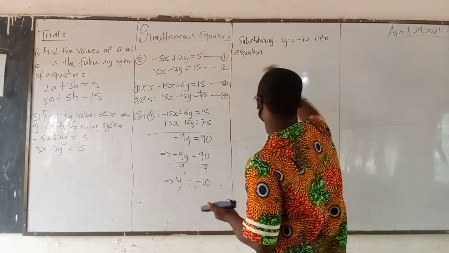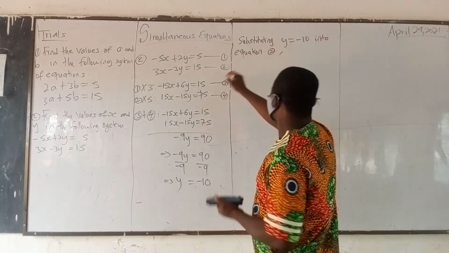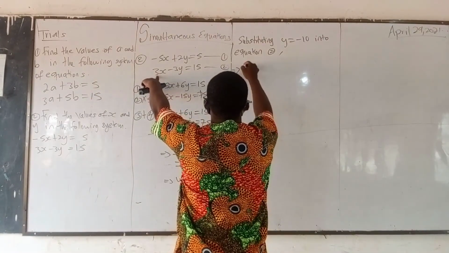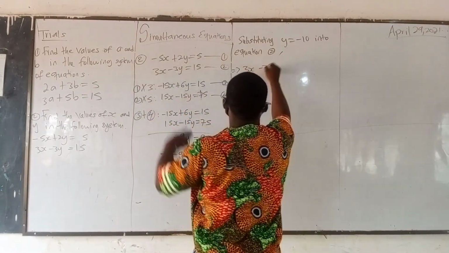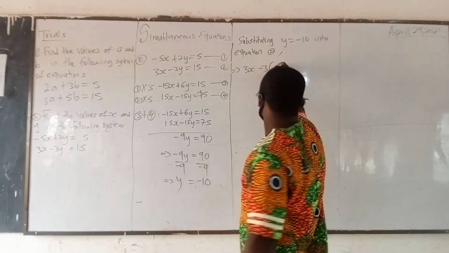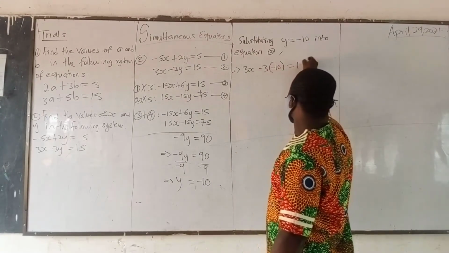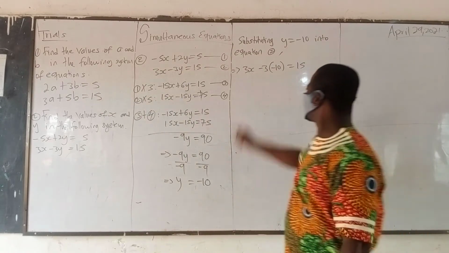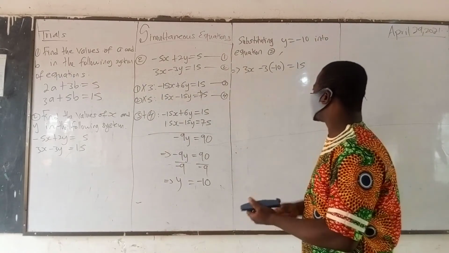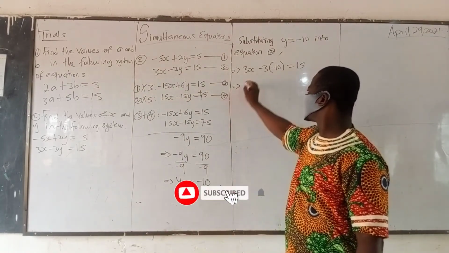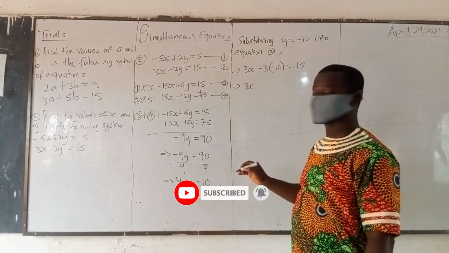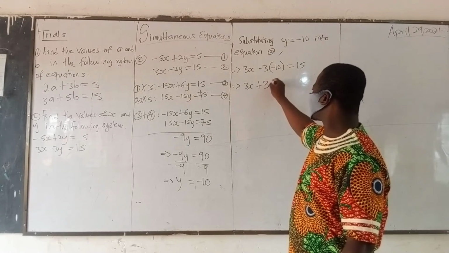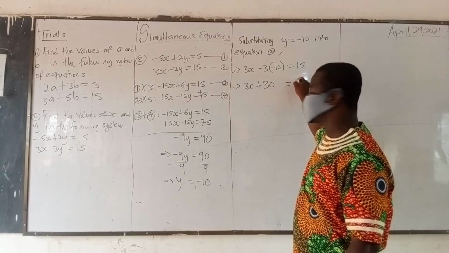You want equation 2? Okay, to equation 2. Then that will imply that 3x minus 3 times negative 10 equals 15. So in place of y, you put negative 10 there. Now what does that give us? 3x plus 30 equal to 15.